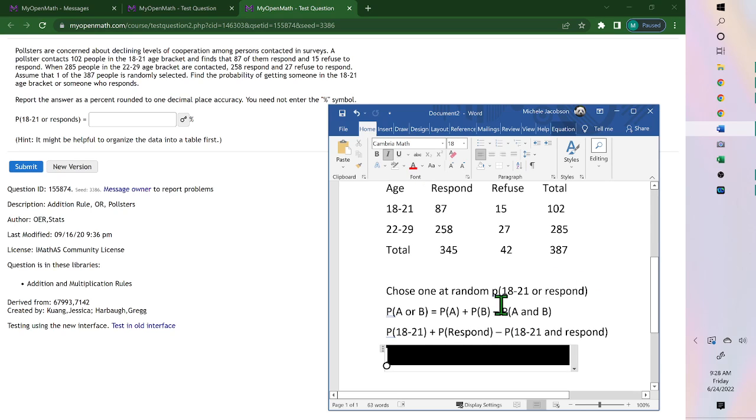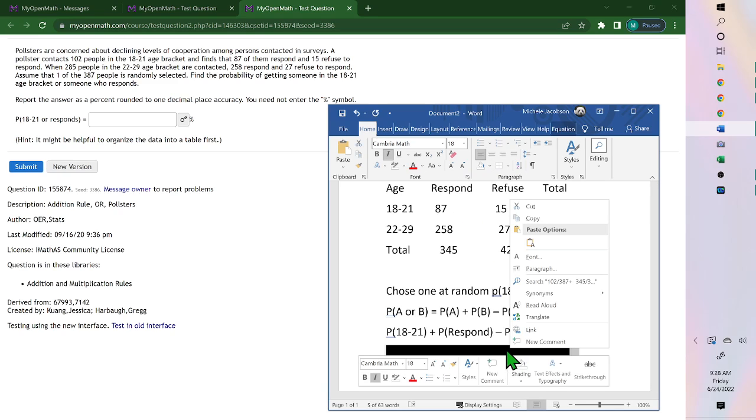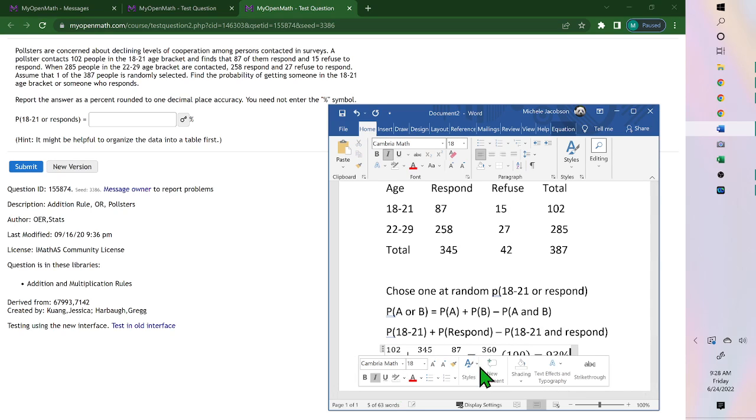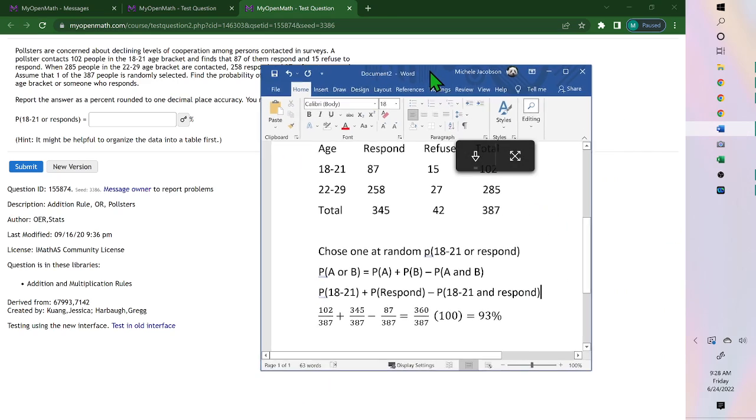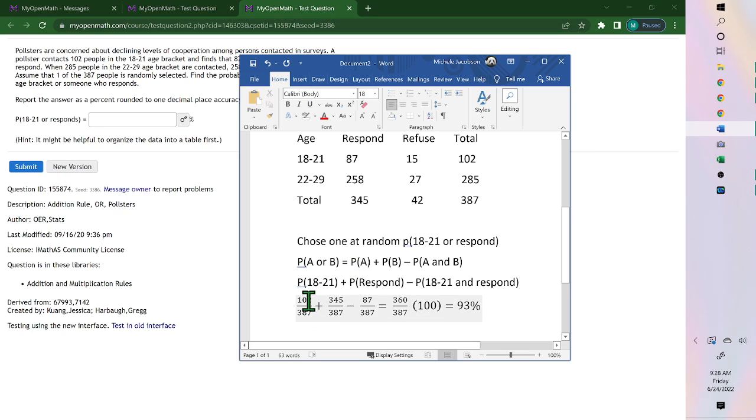So to find the probability 18 to 21 or respond, we find the probability 18 to 21 plus the probability they responded minus the overlap. So the probability 18 to 21, 102 out of the 387.